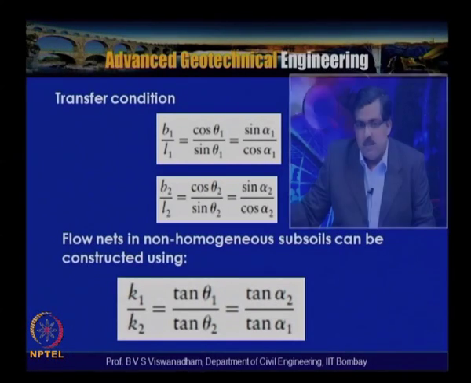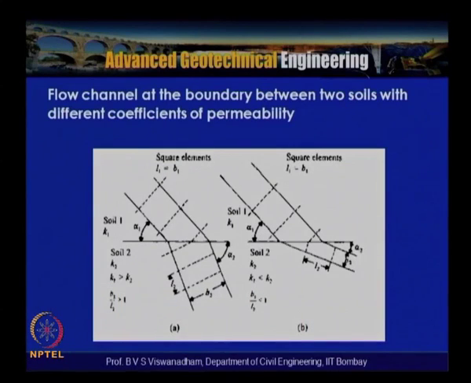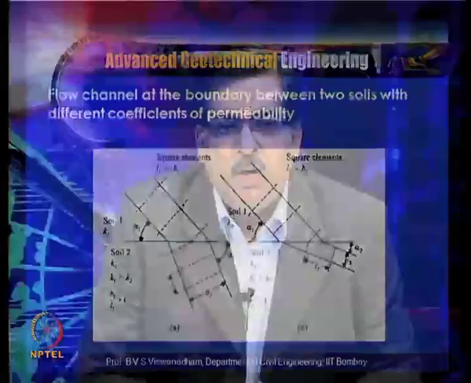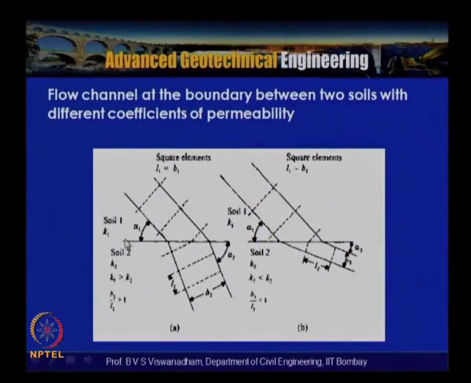So this will tell us how the deviations of the flow lines or equipotential lines happen when you have two cases, which are discussed here. Let us assume that this is the boundary, and this is soil 1 having permeability K1, and this is the soil having permeability K2, that is soil 2, which is shown here.